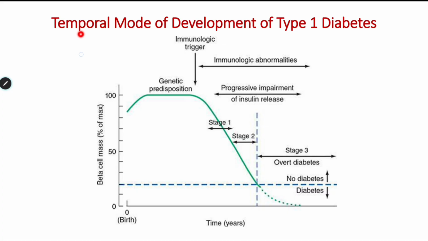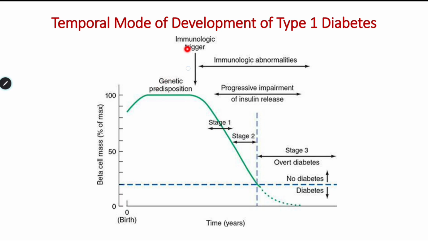So we'll be discussing the temporal mode of development of type 1 diabetes. Initially, 100% of the beta cell mass is active, and these individuals have a genetic predisposition to autoimmunity against beta cells.